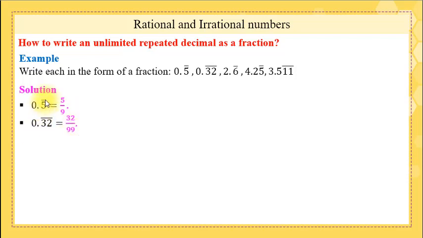Pay attention, the number below the bar, we write it in the numerator. We have 5 here and we write 5 in the numerator. We have 32, we write 32 in the numerator. Since we have only one digit after the point, we write only 9. We have 2 digits after the point, we write 99.